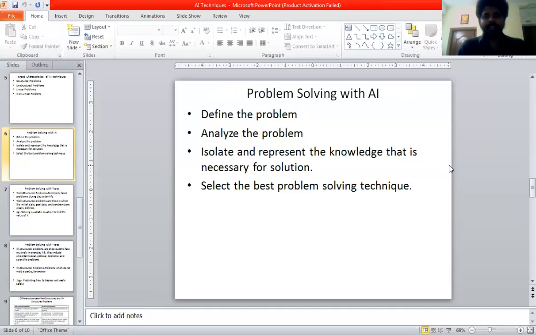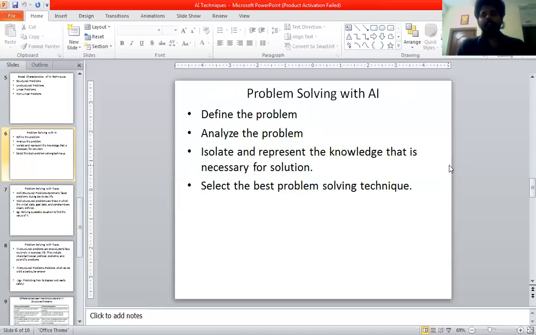There will be different types of problem solving with AI techniques. First one, for any problem, we have to define the problem. And after defining, we want to analyze the problem. After analyzing, we are going to predict what type of problem it is and what type of knowledge is needed for the particular problem to identify the solution and isolate the particular things according to the statement or scenario.